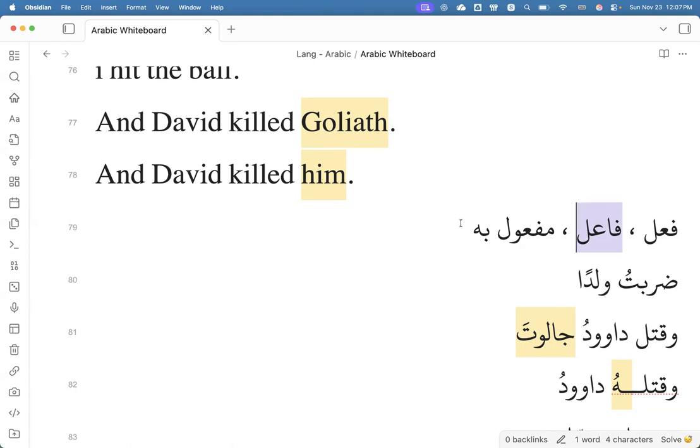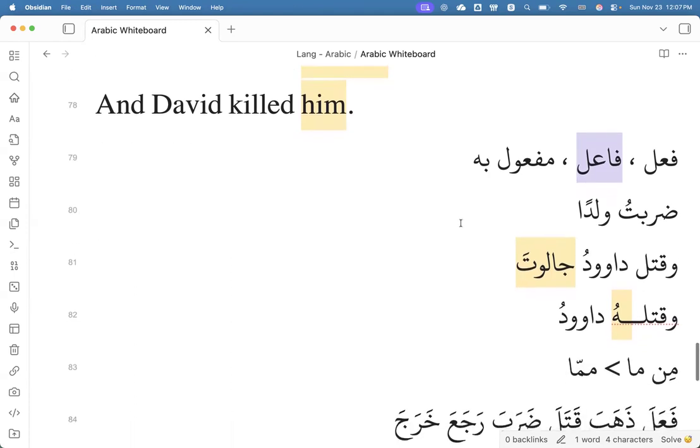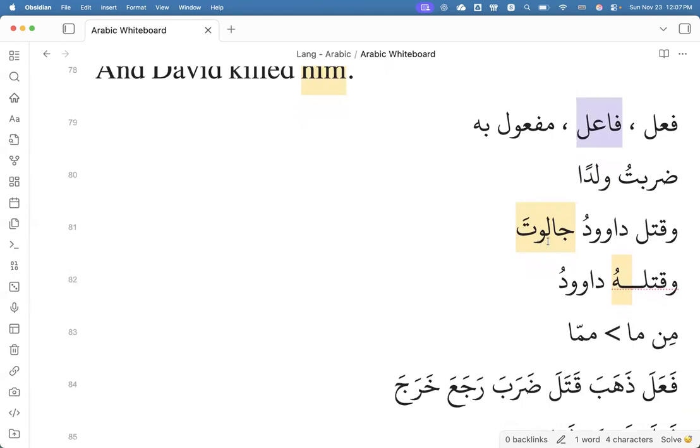That bab, that object becomes mansub. That's what we learned. Then we also learned that we can take the object and make it a pronoun. For example, Hamid opened it, meaning the door. Fatahahu Hamidun. Hamid opened it. Okay, clear? Yes.